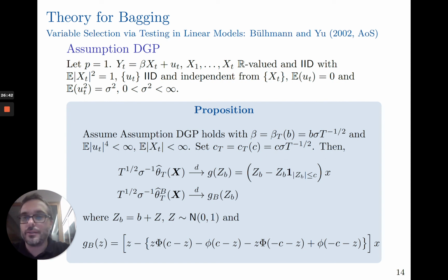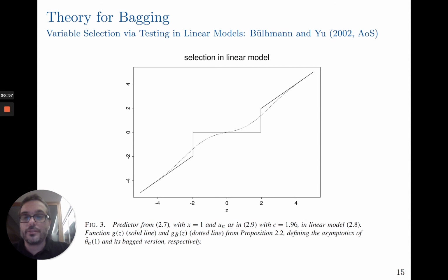Here is this horrible theorem, but basically what these authors show is that the bagging estimator will converge to some place. It's an ugly distribution, but the important thing is what bagging will do. We have a hard threshold that says that if the coefficient is between these bounds, you set it to 0, otherwise your prediction will be just a linear model.